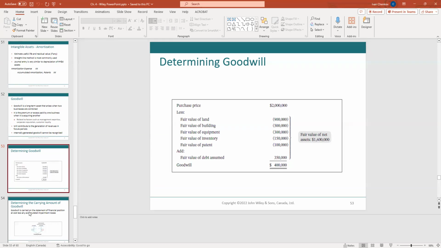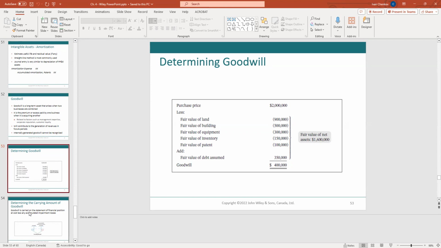So we bought the liability, $350,000, as well. So the total fair value of net assets, which is assets minus the liability, or in other terms the equity that we purchase, is $1,600,000. So we have a $400,000 difference. That will be our goodwill.